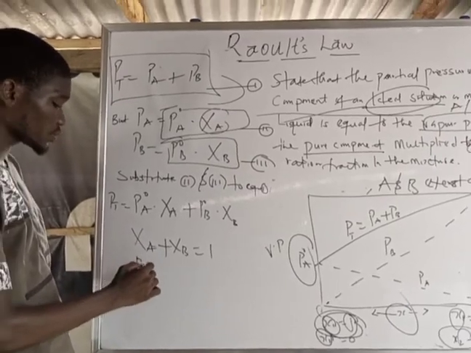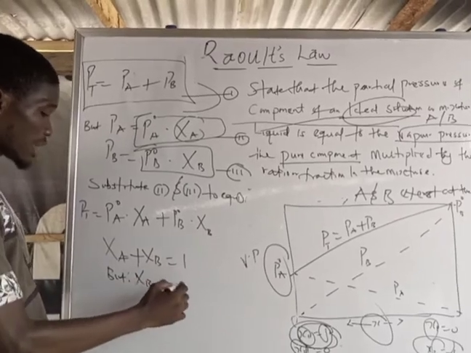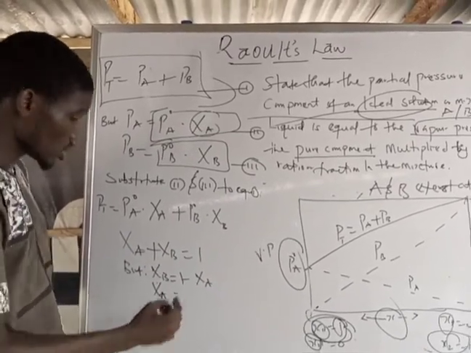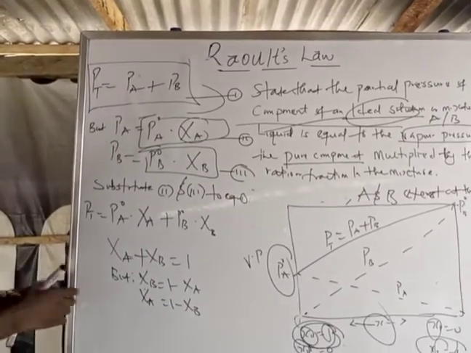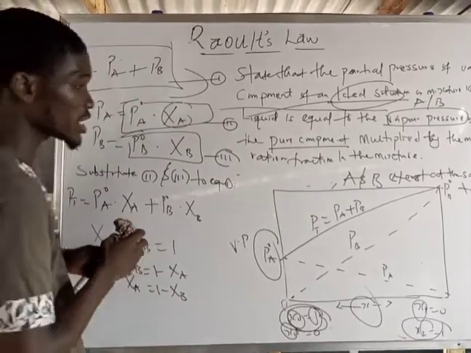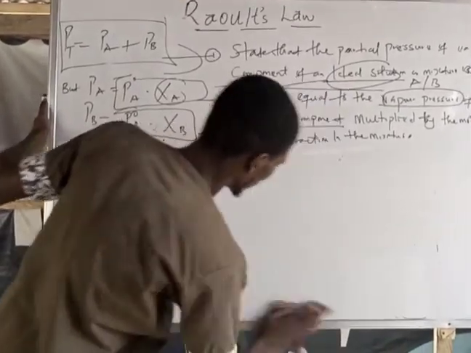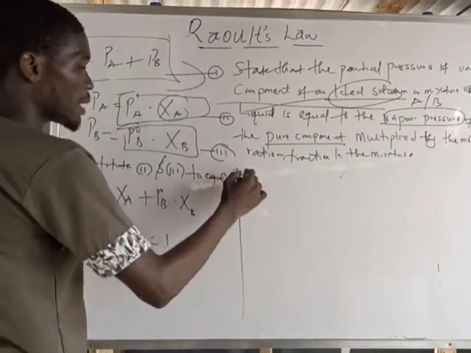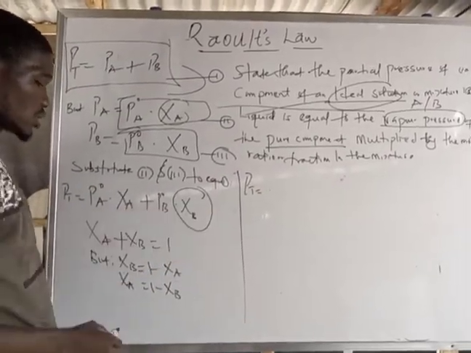But XB, the mole fraction of B, is equal to 1 minus the mole fraction of A. Then the mole fraction of A is equal to 1 minus the mole fraction of B. So I can decide to substitute either of the two into the formula. With that, I have my PT. So let's substitute this.